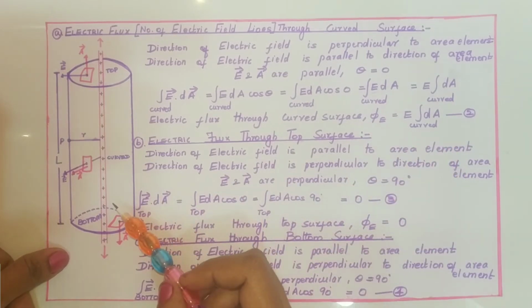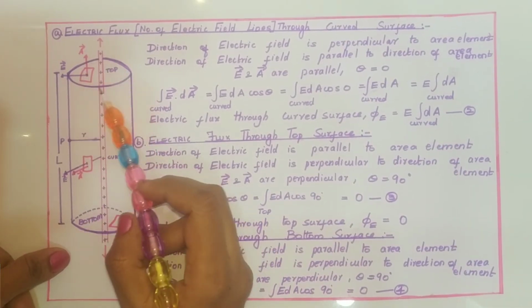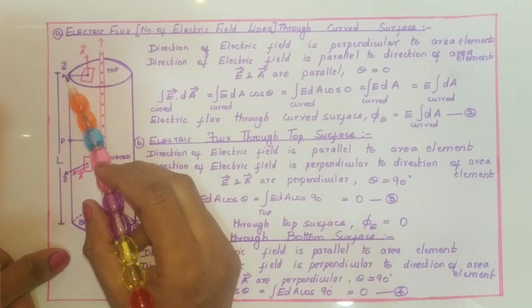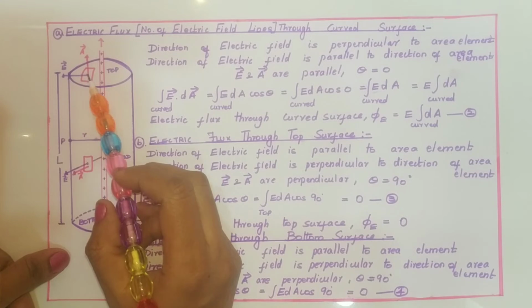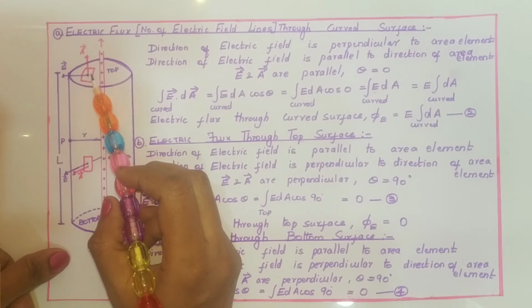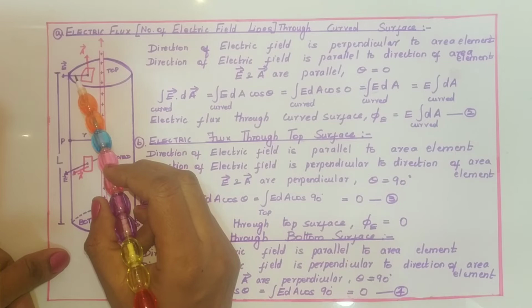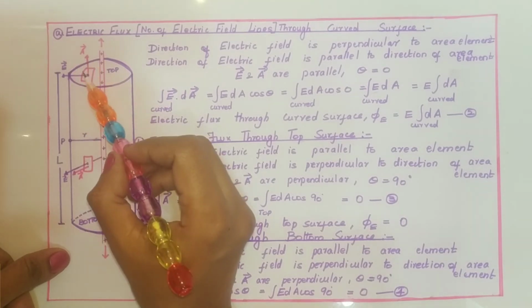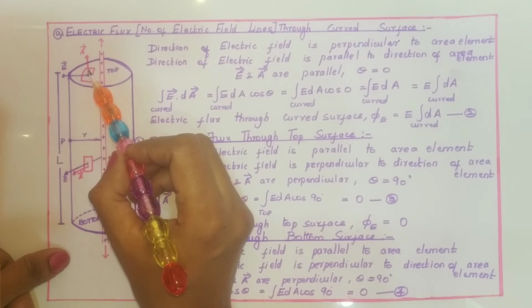Now let us find the electric flux through the top surface. Here we consider an area element, and the electric field direction and the area element are both parallel, but the direction of the area vector is perpendicular to the area element. So the direction of the electric field and the direction of the area vector are perpendicular to each other.